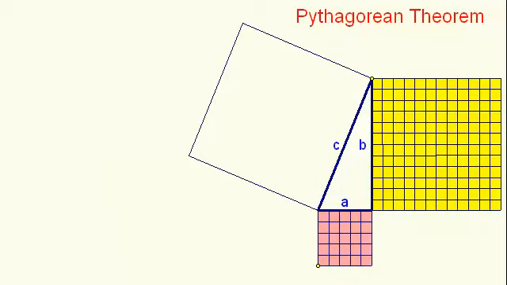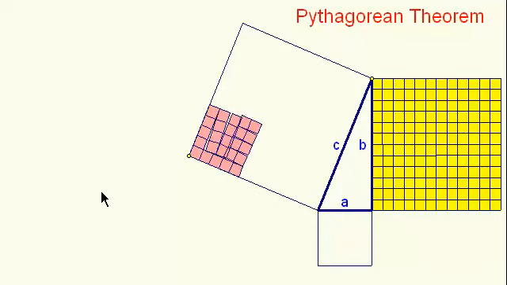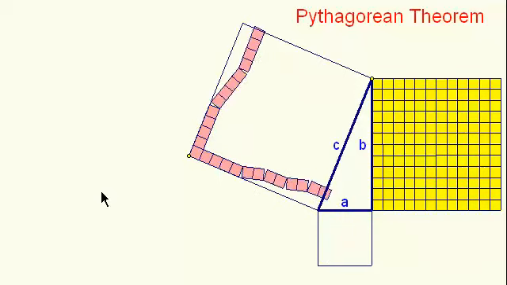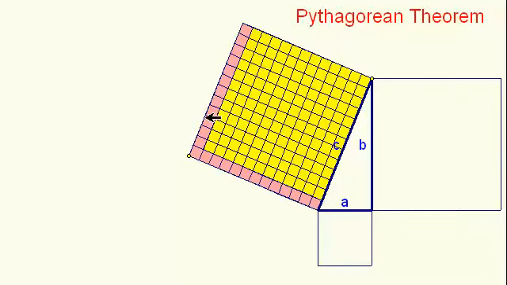So one leg is 5, and the other leg is 12, and when these together fill the C square, the square formed is 13 by 13. By counting the sides of the square constructed on C, it is 13 by 13.